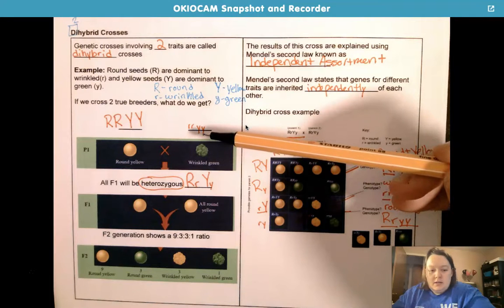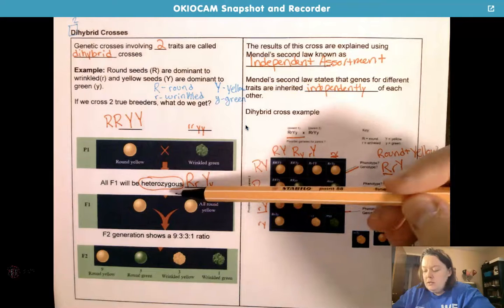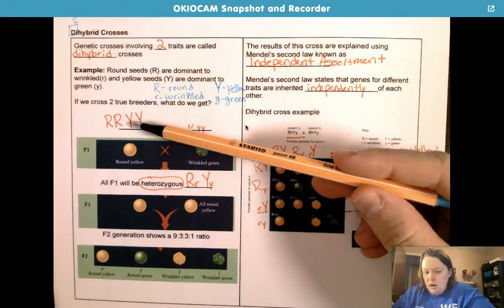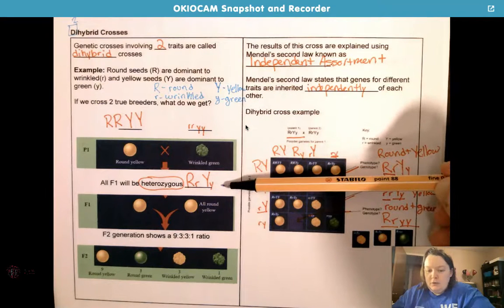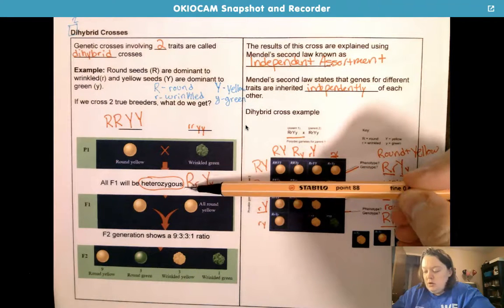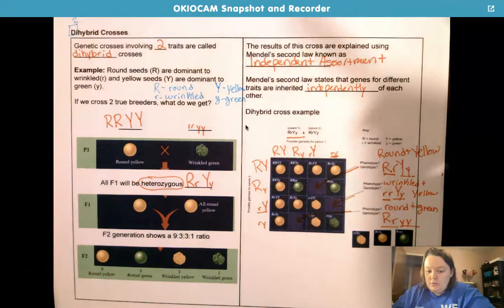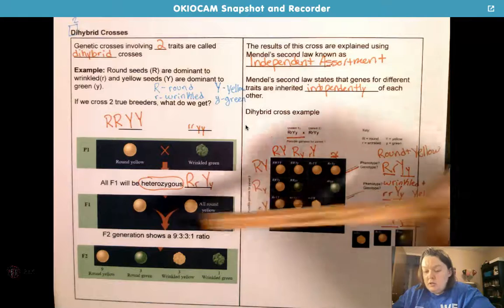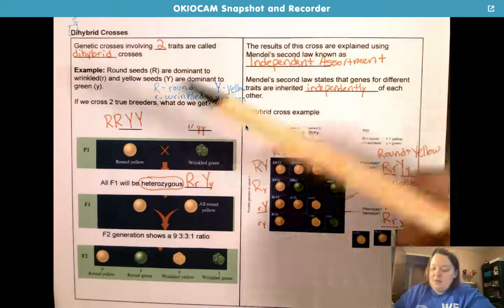So he crossed these two pea plants, and he noticed that all the offspring were then heterozygous, because this parent gave a big R and a big Y. This parent gave a little r and a little y, so the offspring was fully heterozygous, having a big R and a big Y, and a little r and a little y. He crossed two yellow round plants, looked at the offspring, and he had all types of combinations.